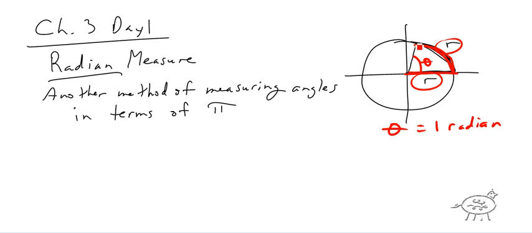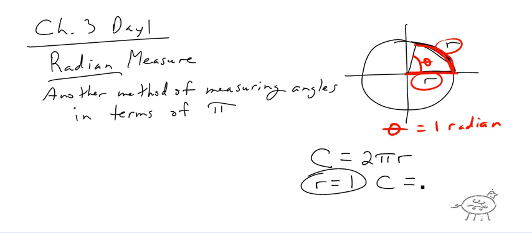So let's talk about converting between degrees and radians. Let's keep this little picture up here. Do you guys agree the circumference of a circle, back in the day when you learned in geometry, is equal to 2 pi r? So in a unit circle, if I set my radius equal to 1, what's the circumference of that circle?